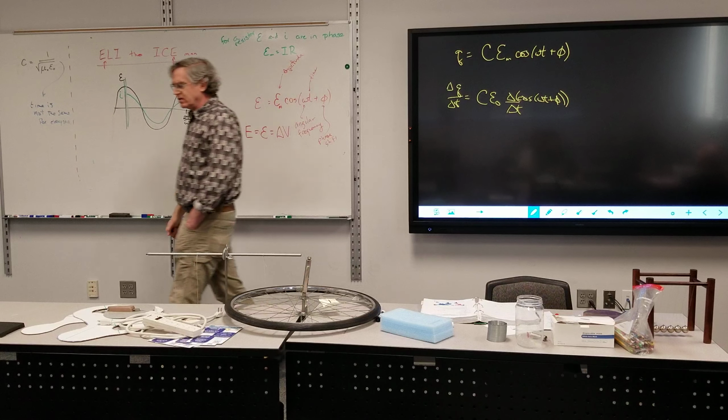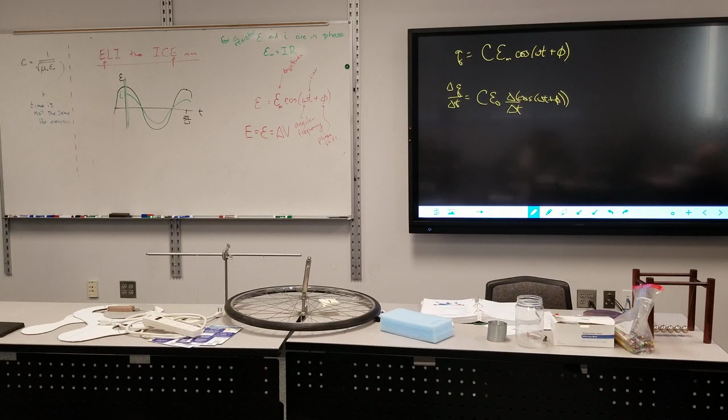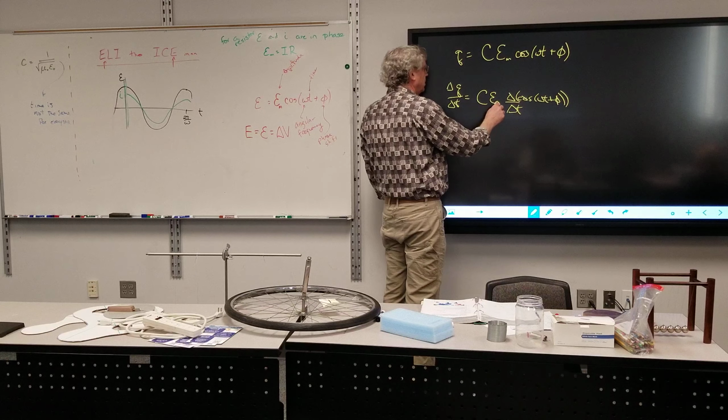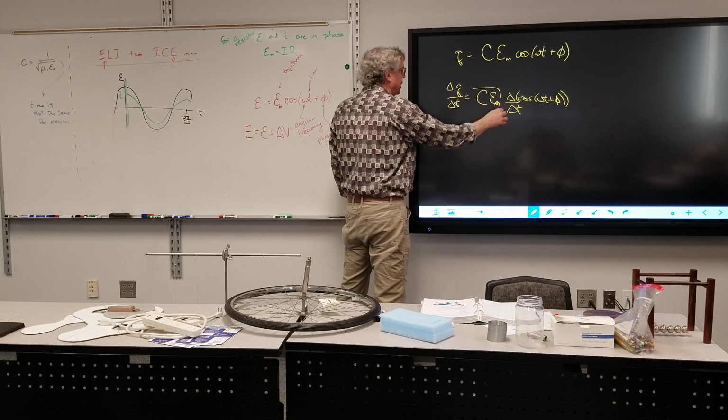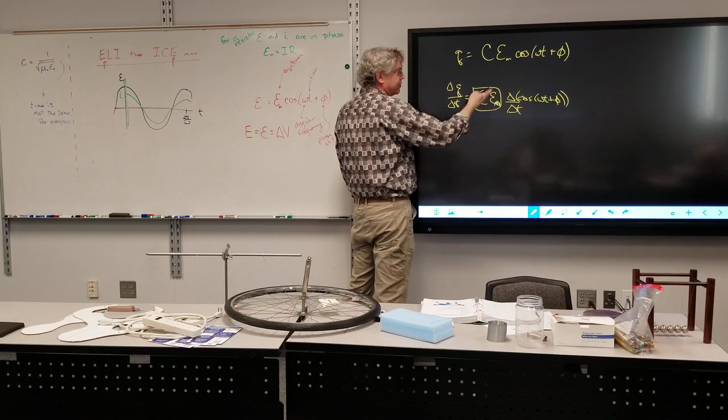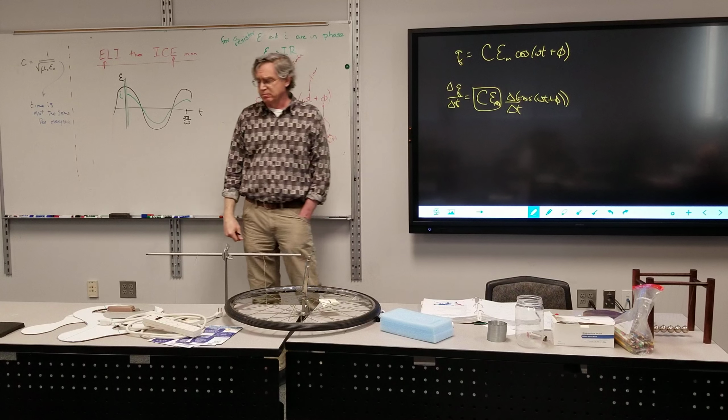Now the reason I didn't put the C and the epsilon sub m on that side of the delta is that they're constants, they're not changing at all.